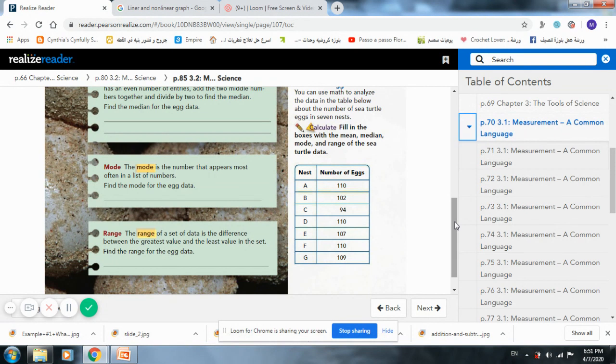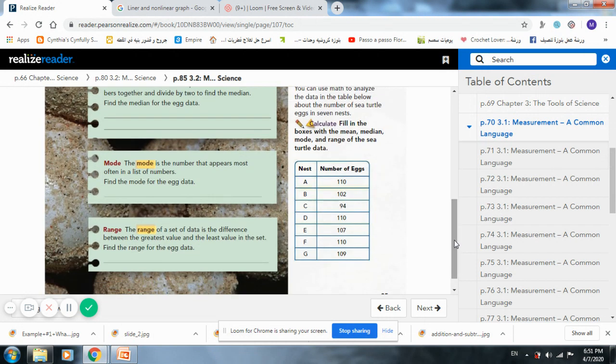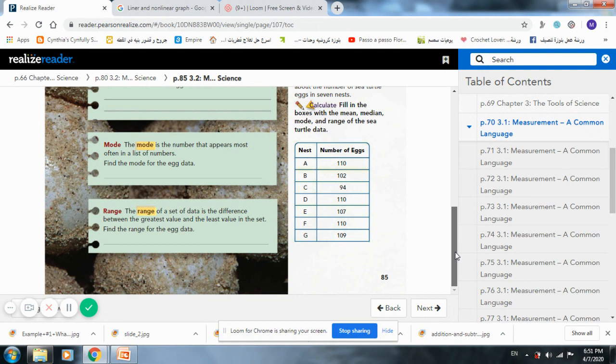We mark each nest with a letter, A, B, C, D, E, F, G. Nest A has 110 eggs, B has 102, C has 94, D has 110, E contains 107, F contains 110, and G contains 109 eggs.